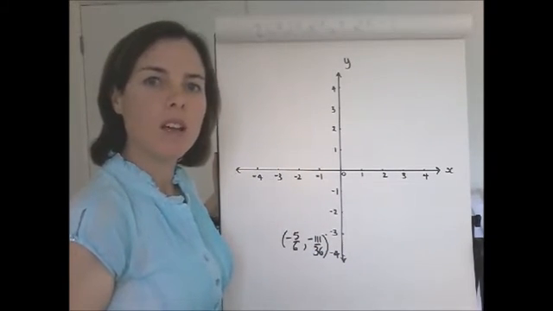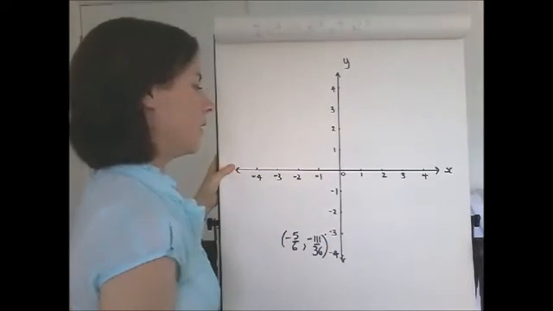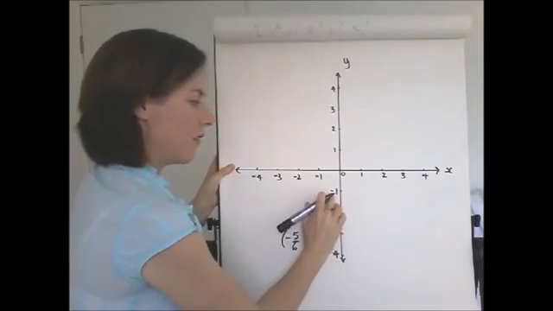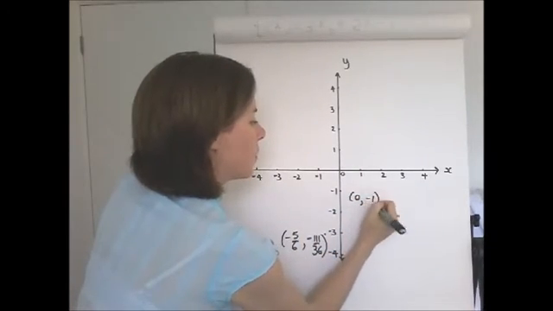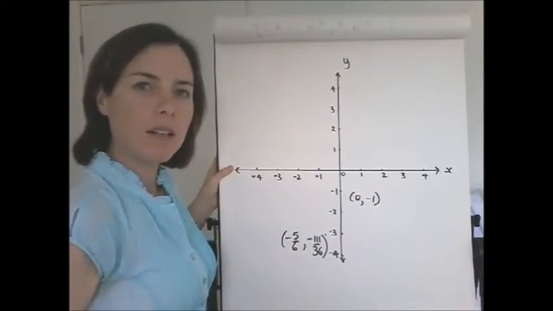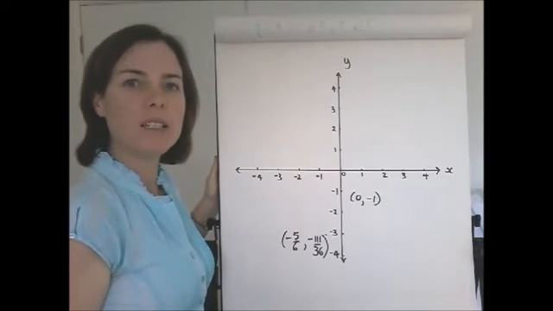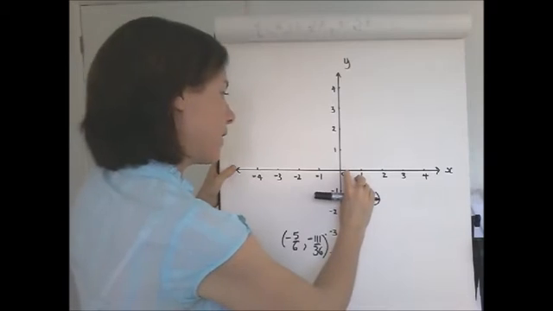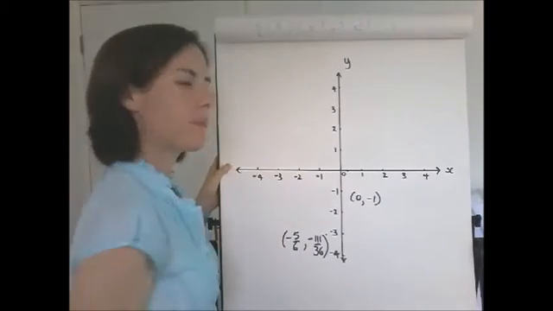The y-intercept was negative 1. That really should be labelled. It's fairly clear that that's at -1, but if you want to be even more particular, you can label that. And the x-intercepts, we had 0.18, which is about 0.2, so that's about there.